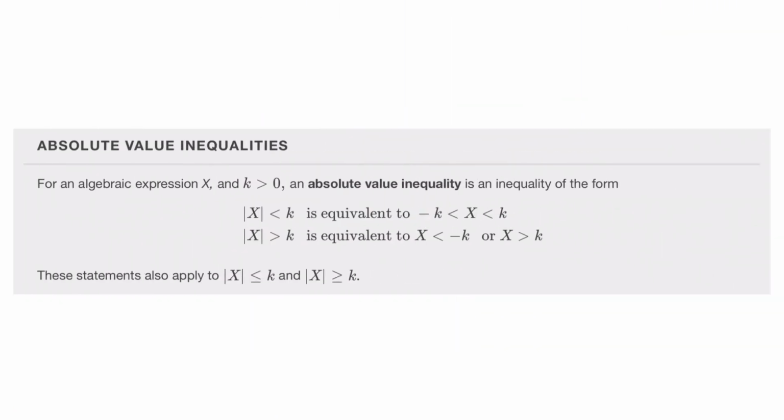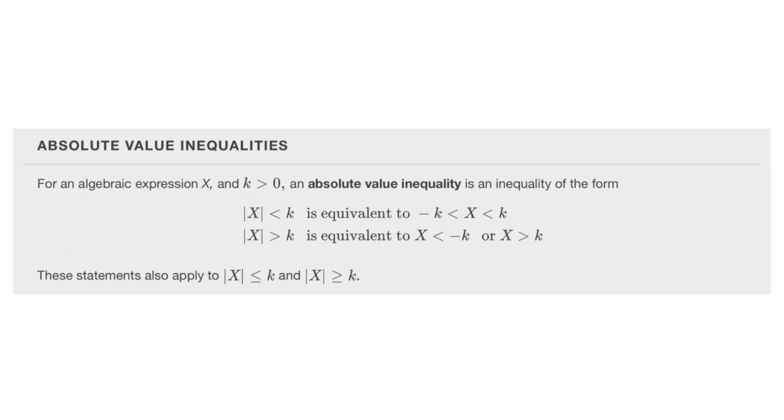Absolute value inequalities for an algebraic expression x and k positive. An absolute value inequality is an inequality of this form: we have the absolute value of some expression less than a positive. When you have an absolute value less than a positive, we can rewrite it in this form: negative k is strictly less than the expression, which is less than the positive k.